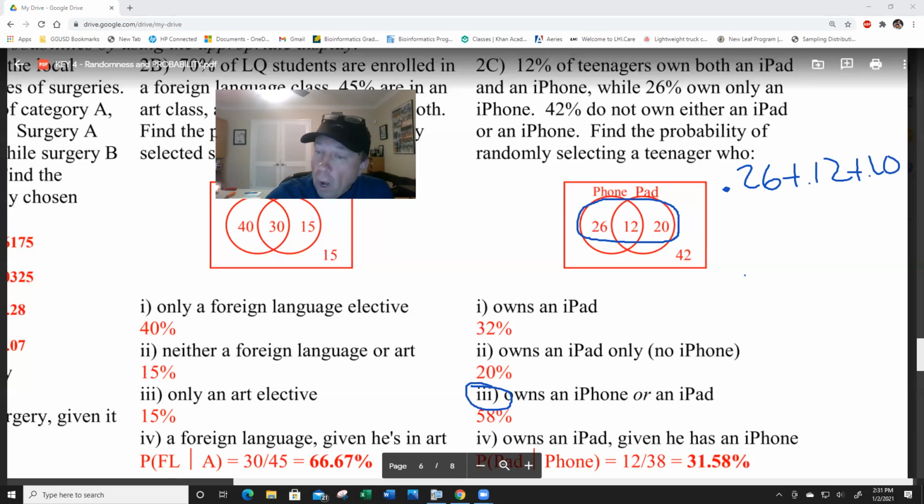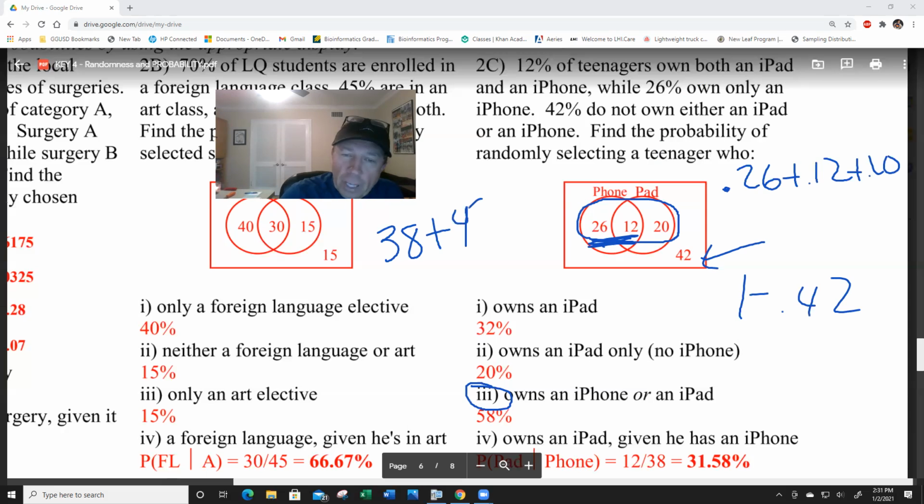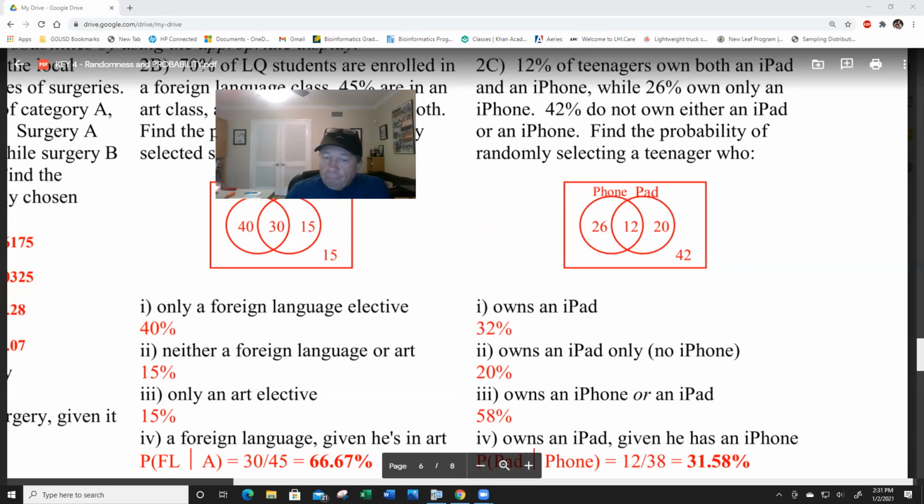Or you could do 1 minus 0.42. Or you could do, if you had the numbers differently, 38% plus 42% minus the overlap, which is 12%. Remember how you subtract with a double count? Another way to do it is, I showed you 3 ways. I mean, I don't know which one's easiest for you.